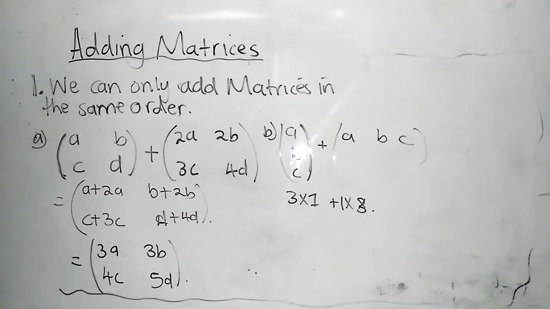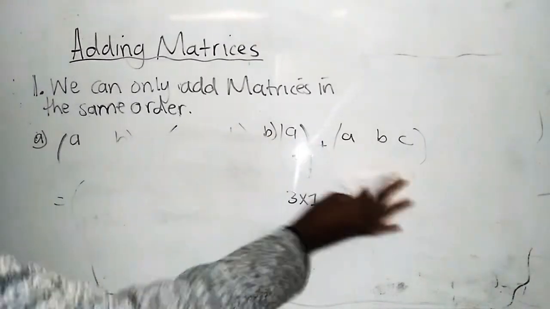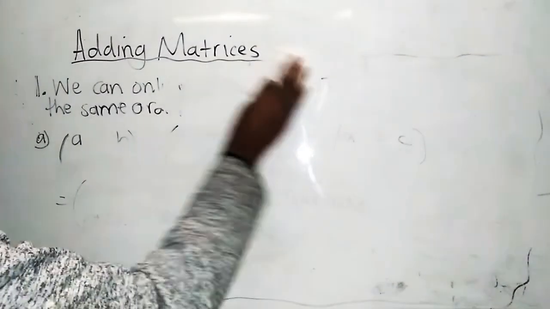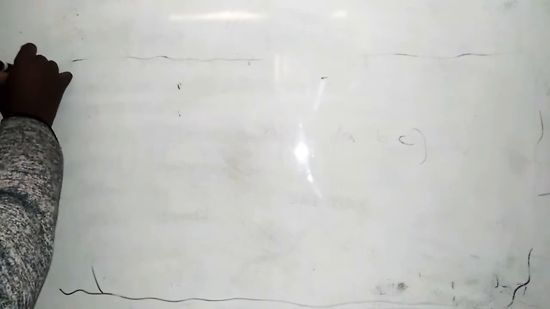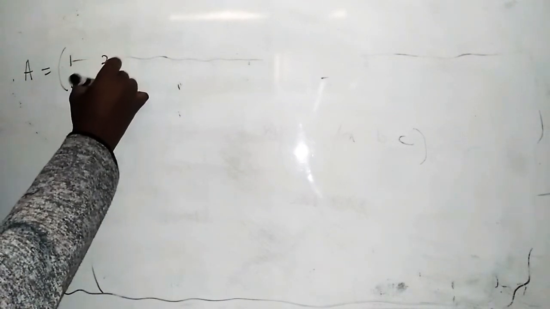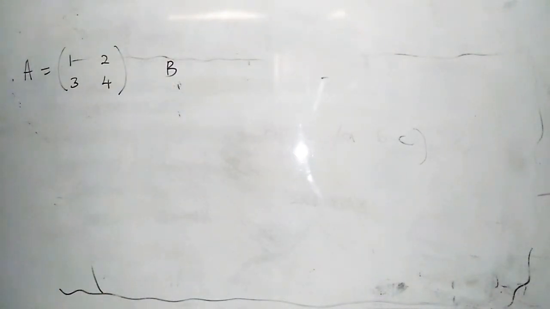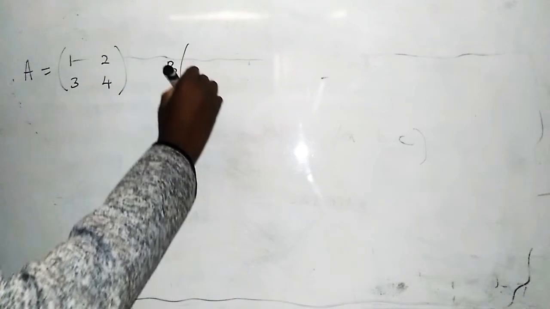Our second example, for our second part of adding matrices, is this one. They say that we are given matrix A, it's 1, 2, 3, 4, and then matrix B, it's 6, 2, 1, 3.